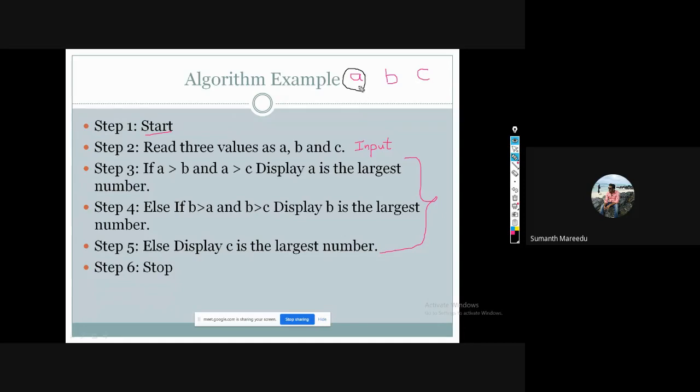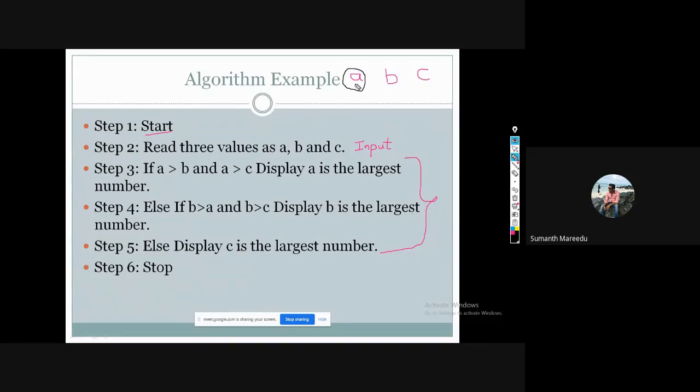If the value of A is greater than B and the value of A is greater than C, in that case I can conclude that A is the largest number. So if the A value is greater than C, I will display a statement saying that A is the largest number.